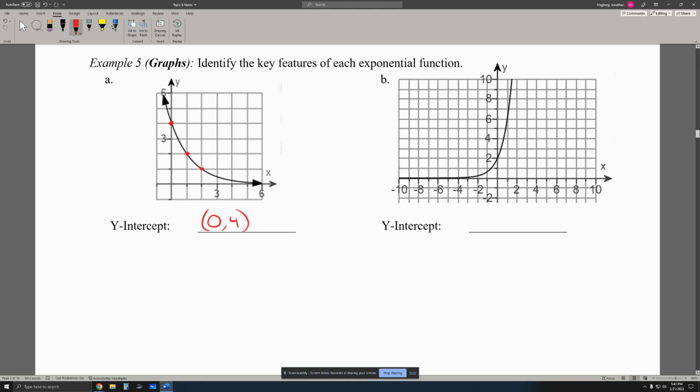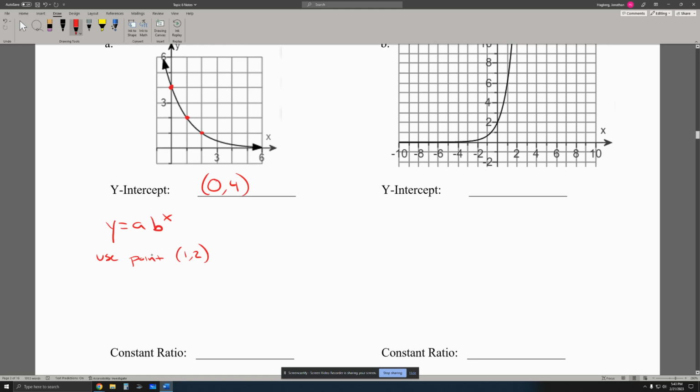So I notice that, well, if I know that it's going to be in the form y equals a times b to the x, well, let's go ahead and use the point 1, 2. If I plug in the values 1, 2, x comma y into this general form here, and then also a right here for our y-intercept, we can use that to solve for b.